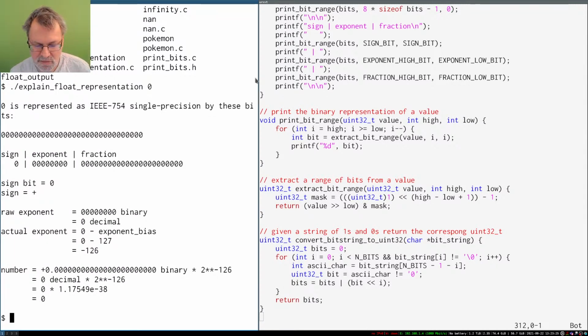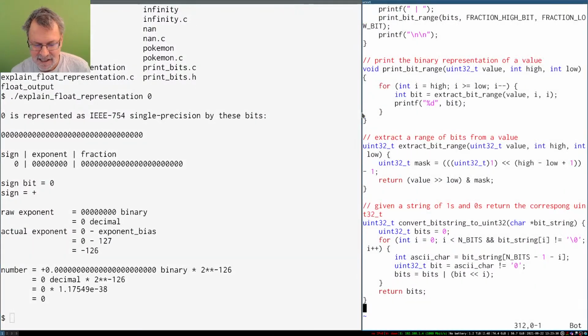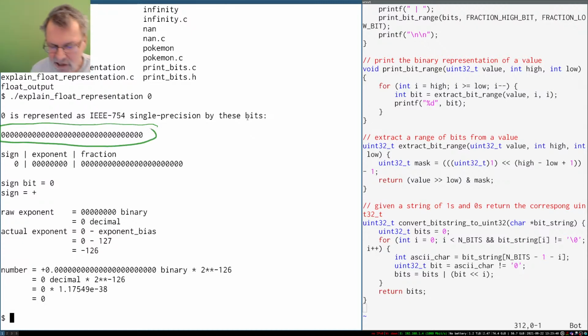Well, let's make some more room. And my program tries to explain why. And 0 is not super exciting, but it says, look, Andrew, the IEEE 754 standard for 32-bit floating point numbers said you want to represent a 0, you use these 32 bits, no others. So that's a 0.